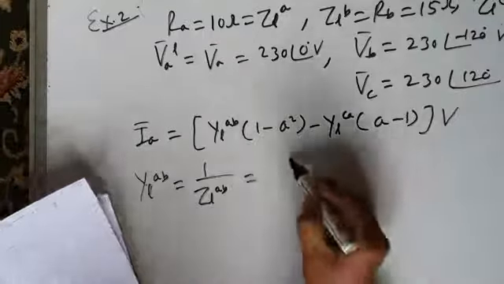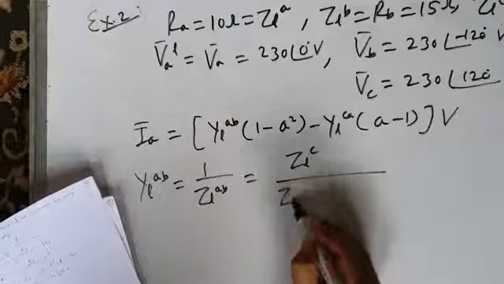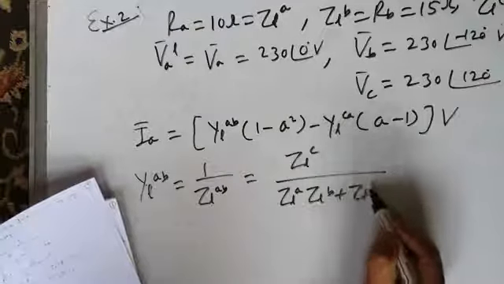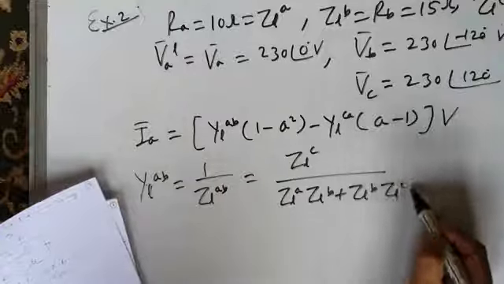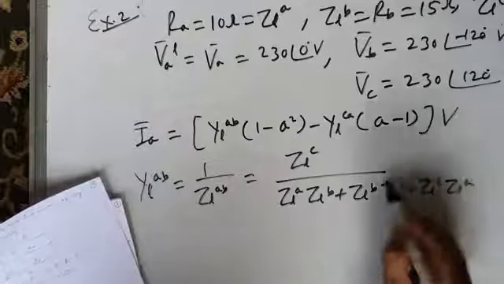For that, use this formula: ZLC divided by (ZLA into ZLB plus ZLB into ZLC plus ZLC into ZLA).